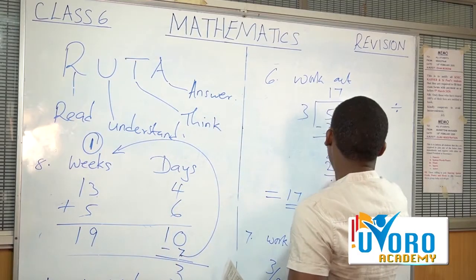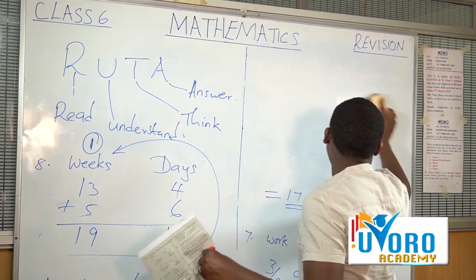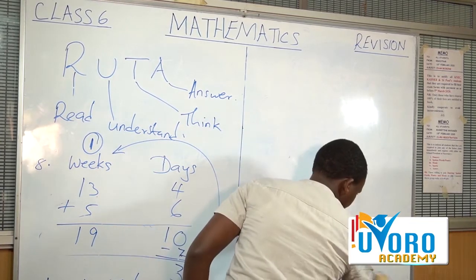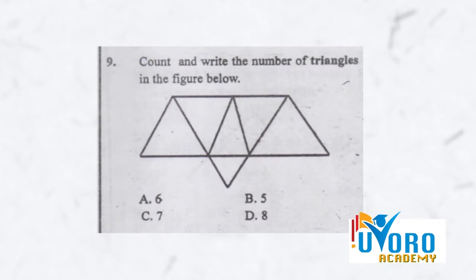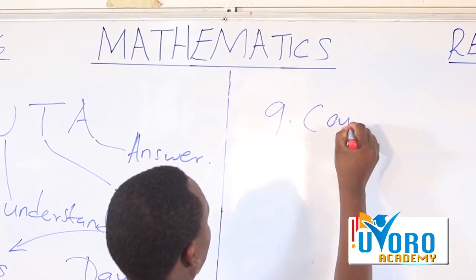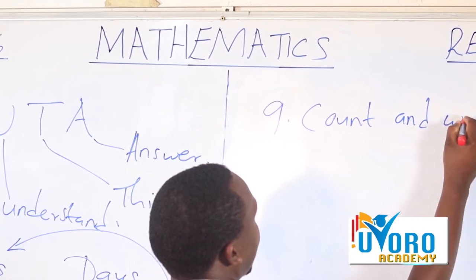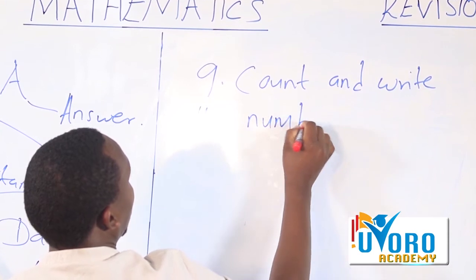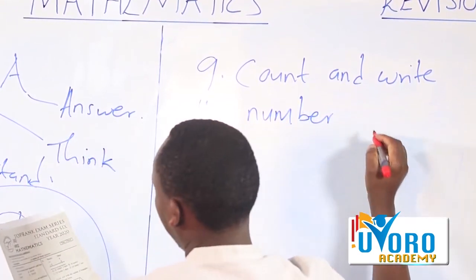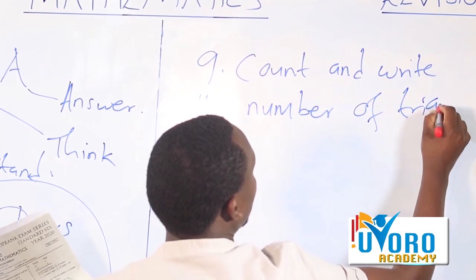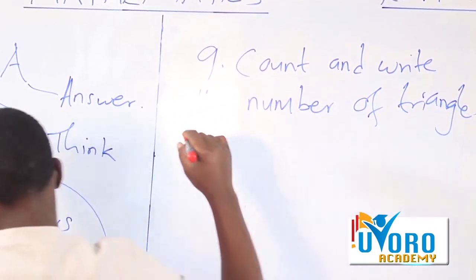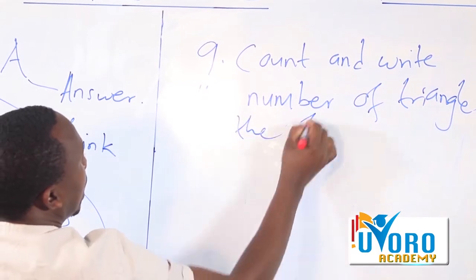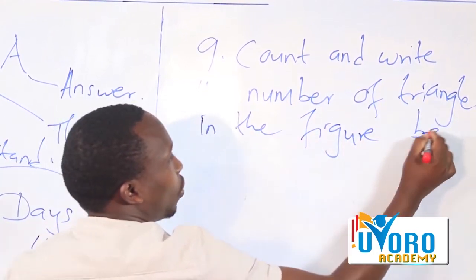Okay. Now, we go to number 9. You are told to count and write the number of triangles in the figure below.